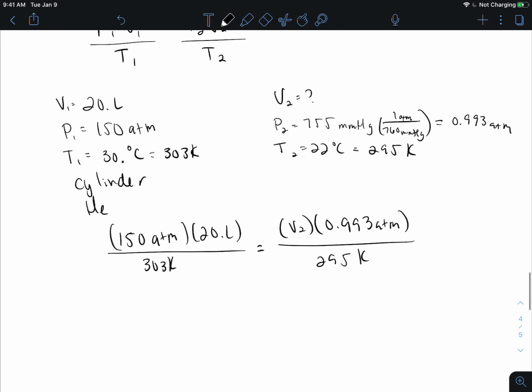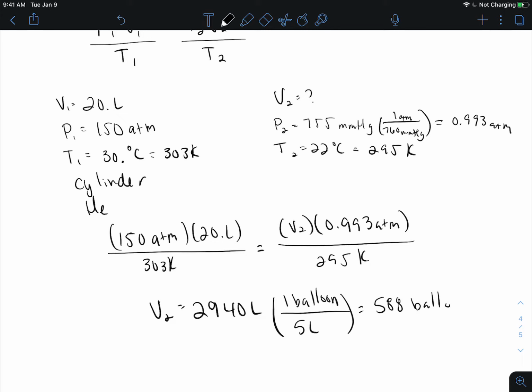And when we solve for this, we get a V2 equal to 2,940 liters. And from this, we still want to know how many 5-liter balloons we can fill up using this. So for every one balloon we have 5 liters, and this gives us 588 balloons. Fantastic.